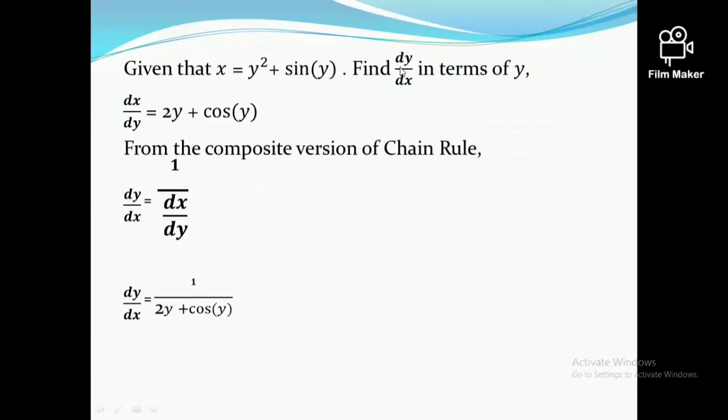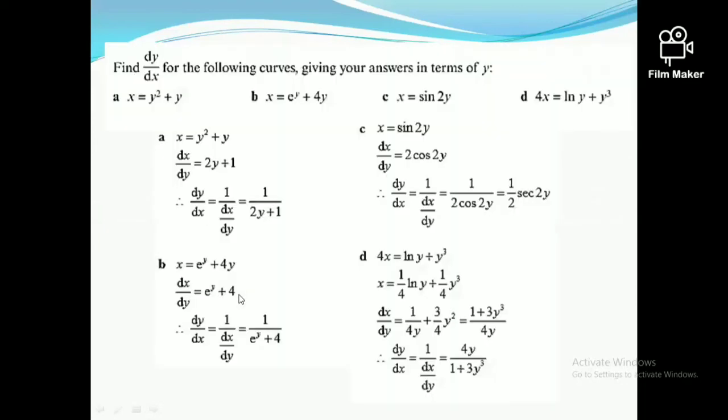Our question is dy by dx. Initially, we can find dx by dy. Y squared differentiation is 2y. Sine y differentiation is cos y. Then dy by dx is 1 over dx by dy. That is 1 over 2y plus cos y, which would be the answer. Right. Let's come up with these examples.